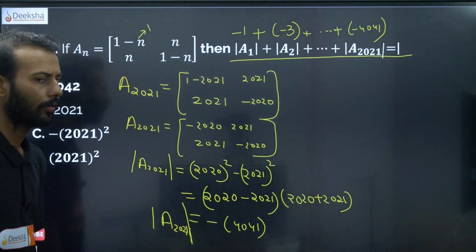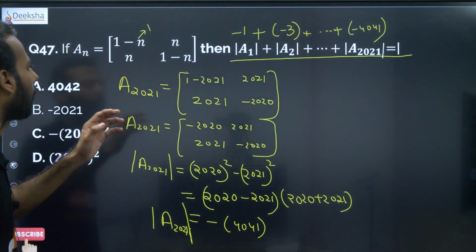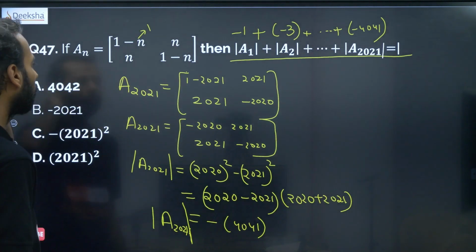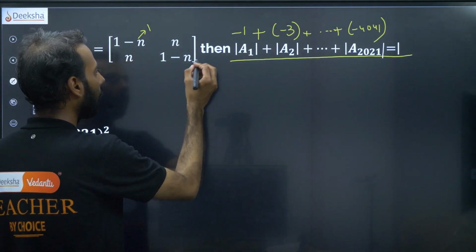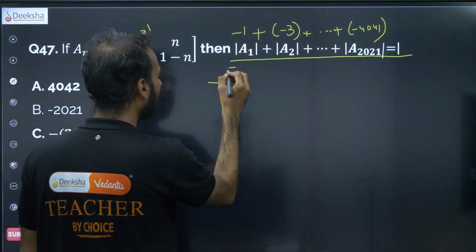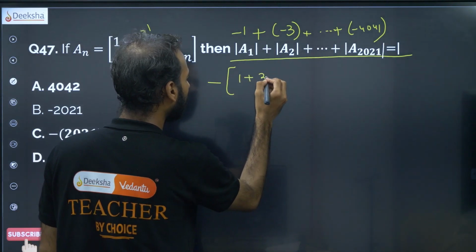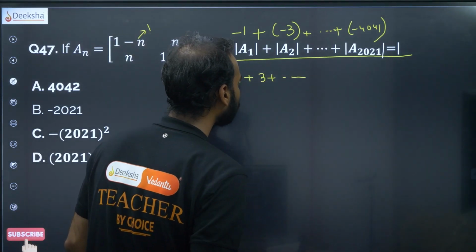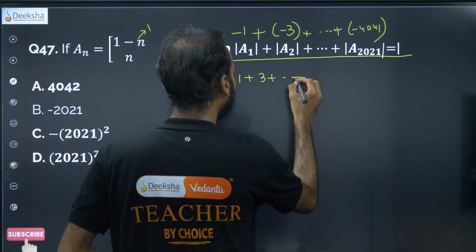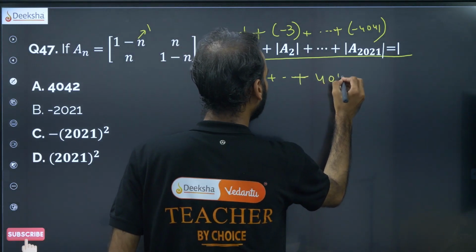If you want to make a note of this, make a note of it. Now if I observe this, taking minus common, 1 plus 3 plus so on, it is up to 4041.